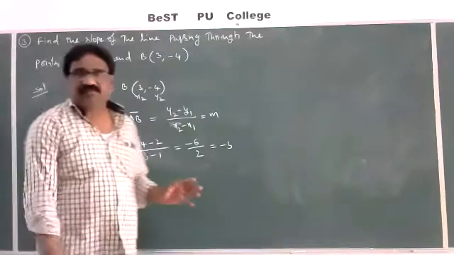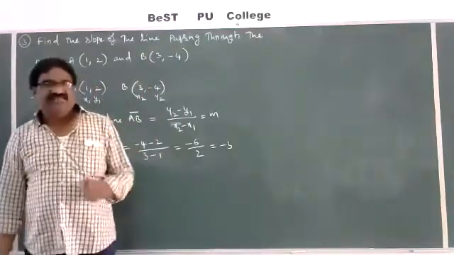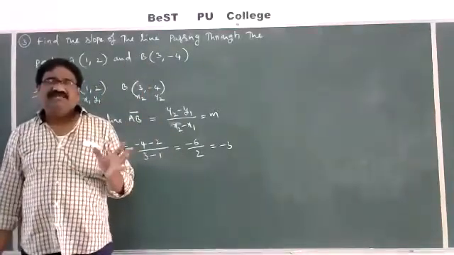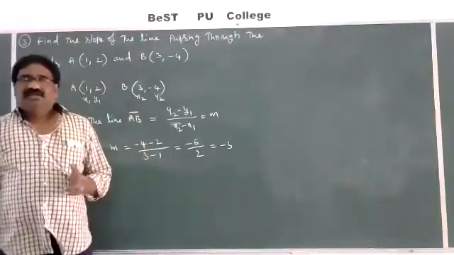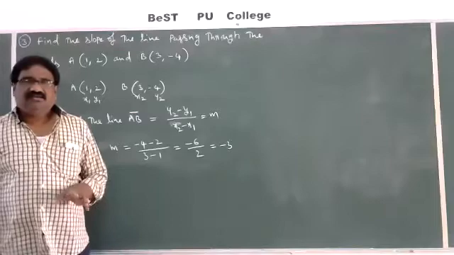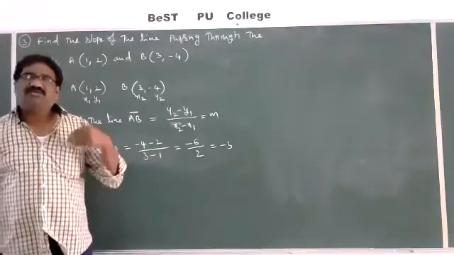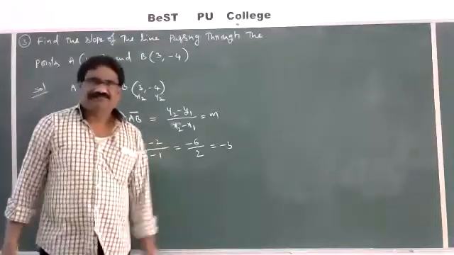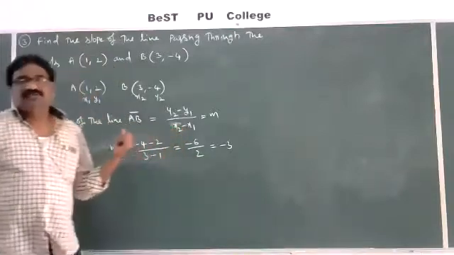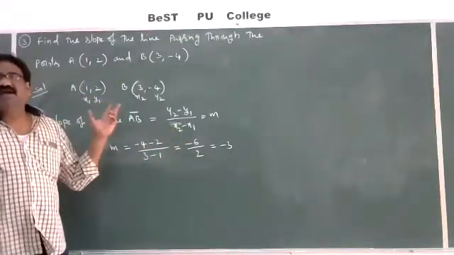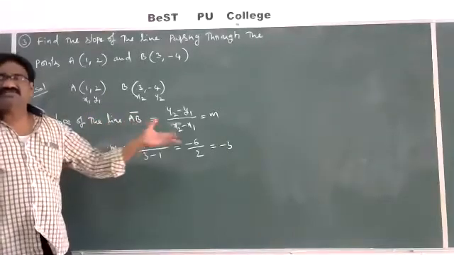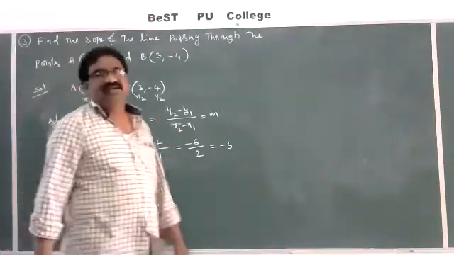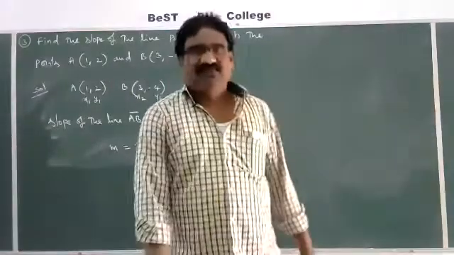In the first problem, if the inclination is given, then the slope of the line m is equal to tan theta. In the second problem, if the slope is given, from the slope we find out the inclination of a line. If two points are given on a line, then the slope of that line is found using the formula y2 minus y1 by x2 minus x1.